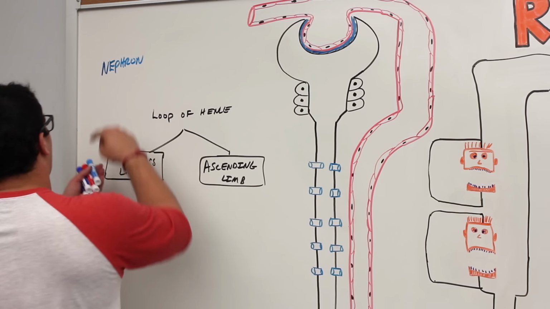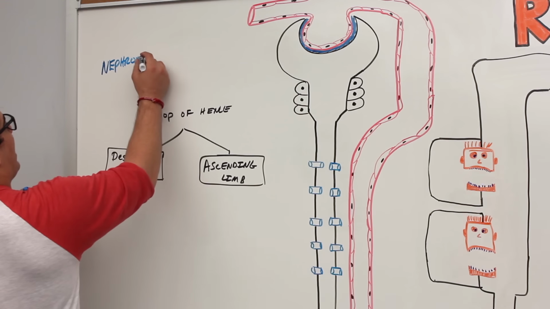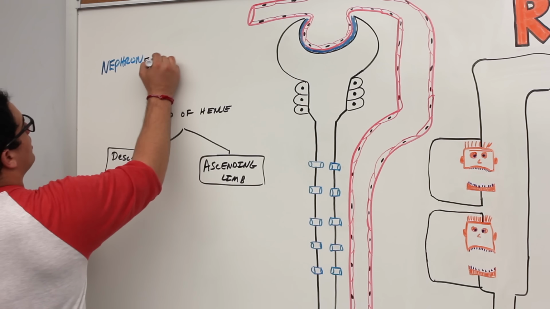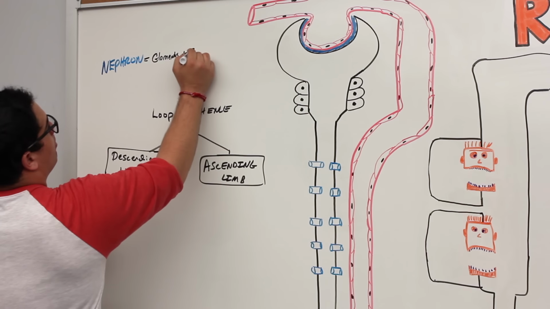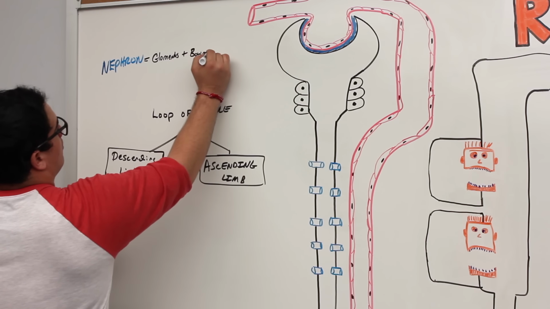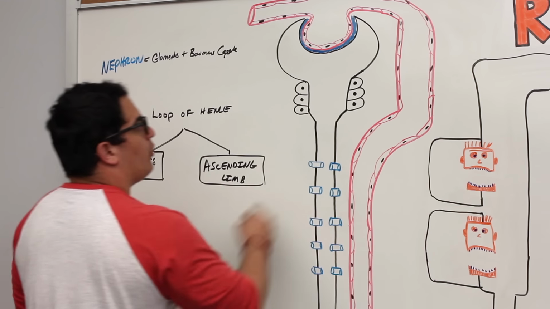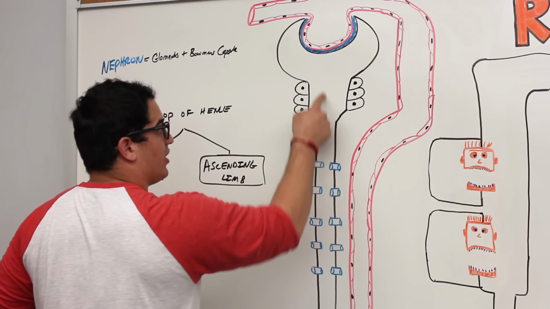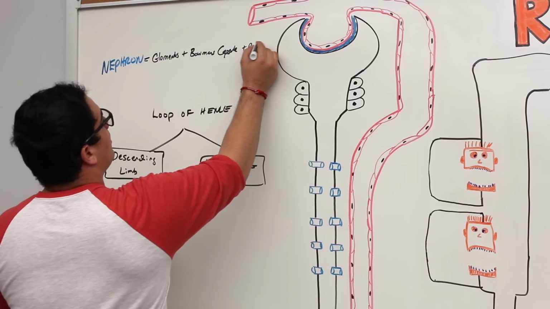So far, what's the nephron made up of? Let's put it in a little mathematical equation here. We'll say glomerulus plus Bowman's capsule plus, we already talked about the proximal convoluted tubule, so we'll put PCT.